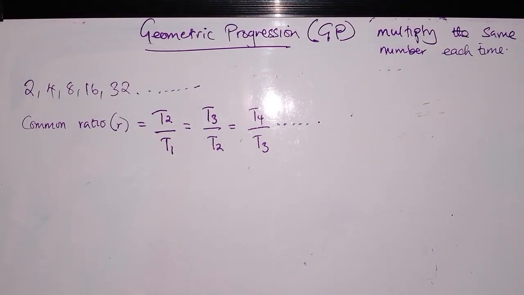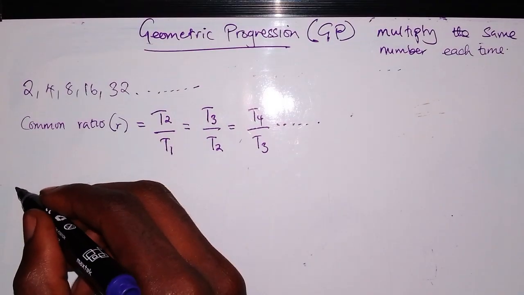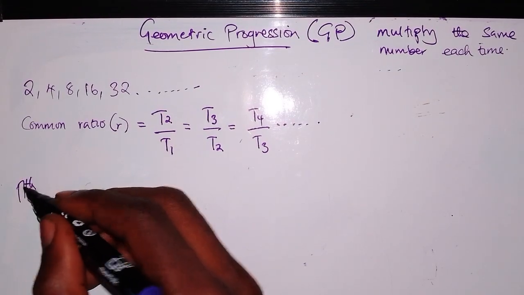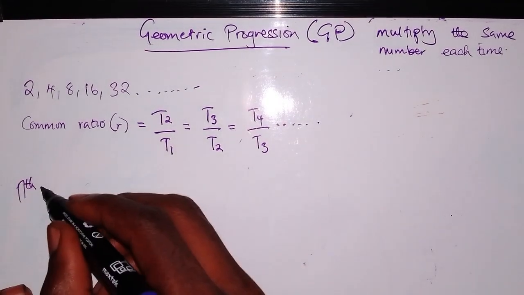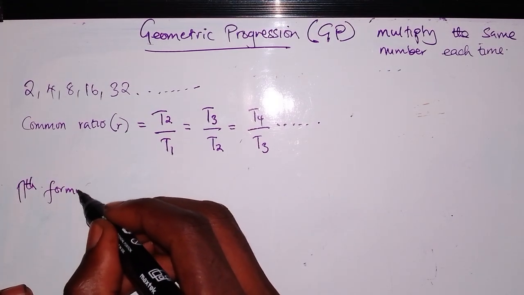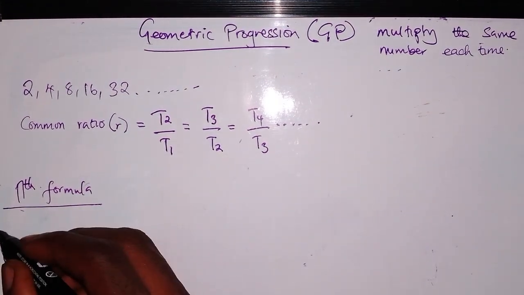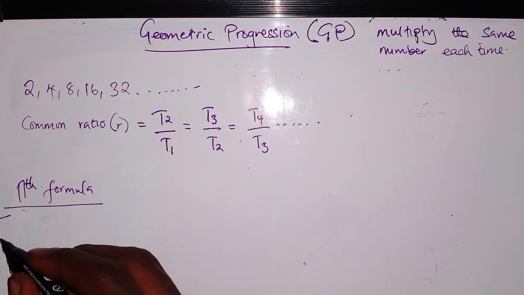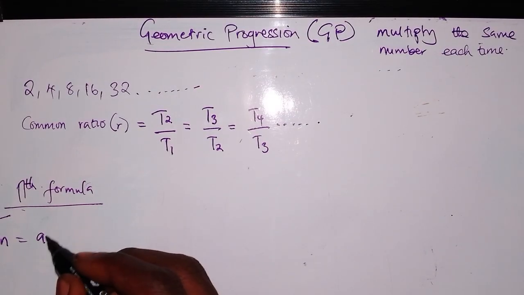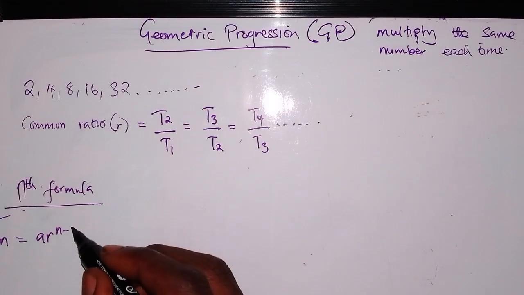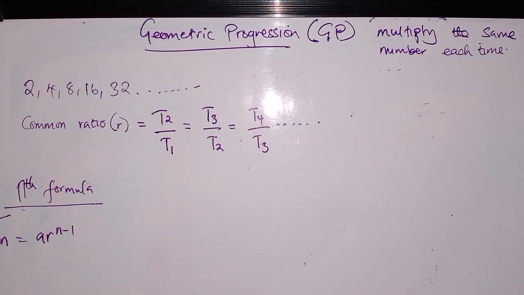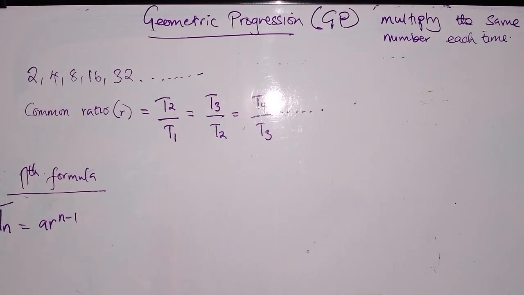The second thing you need to understand is the nth term formula. The formula for GP is Tn = ar^(n-1). The reason I didn't explain the other terms is because I've explained them in the first video on AP.